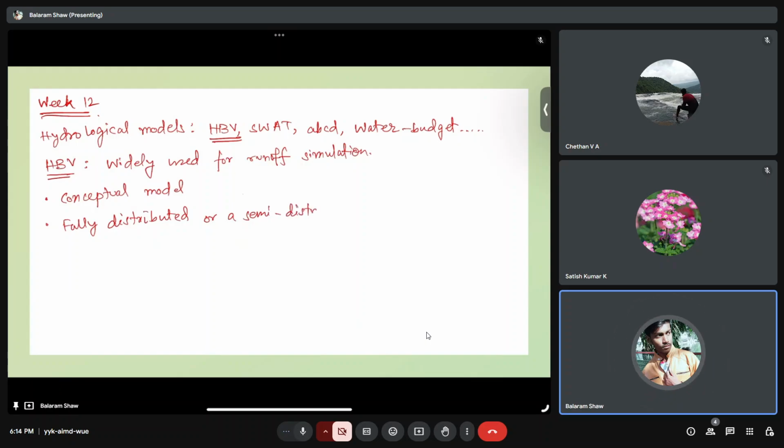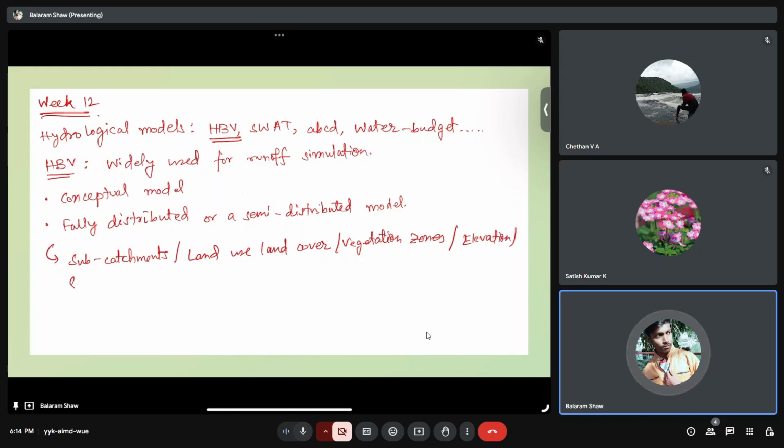What we do is divide the whole catchment into small catchments, or go smaller than that, to hydrological response units, which we have discussed also. So let's say based on sub-catchments or sub-basins, and then based on land use, land cover, vegetation zones, then based on elevation, based on soil classification, and so on.